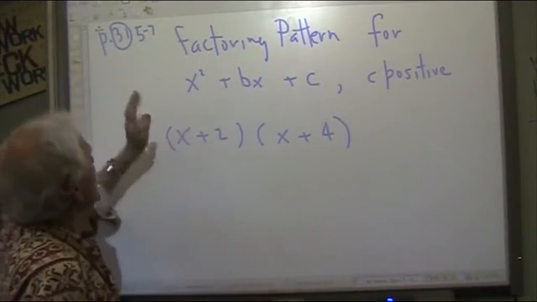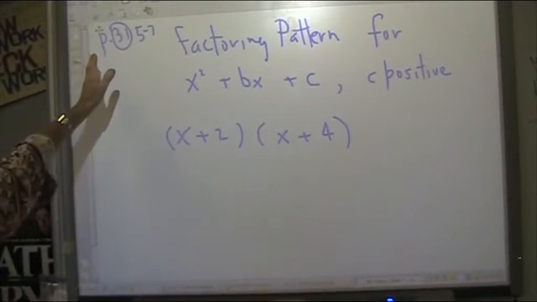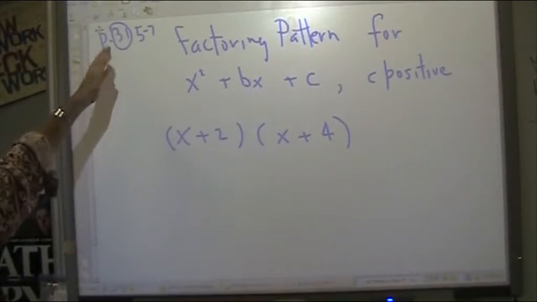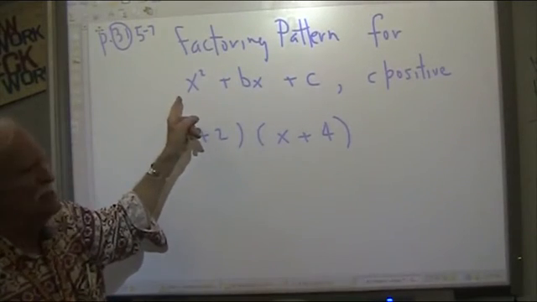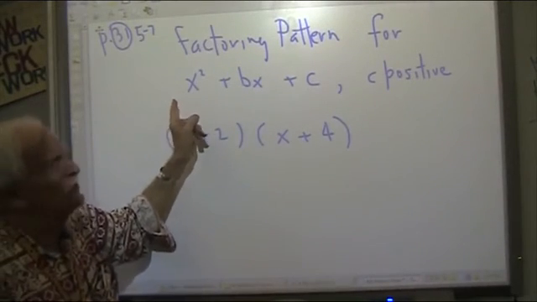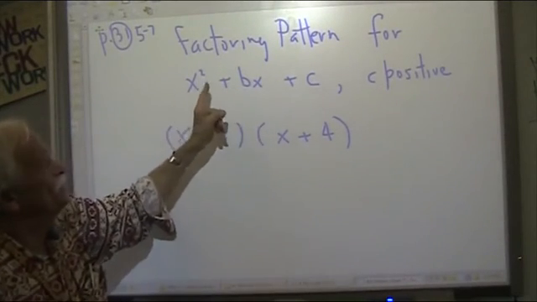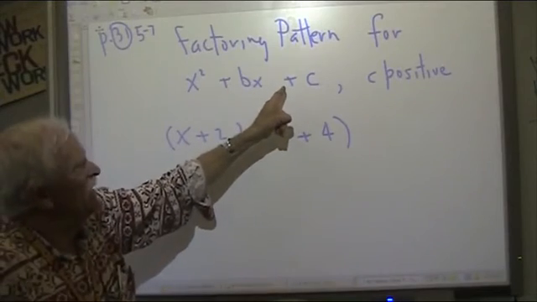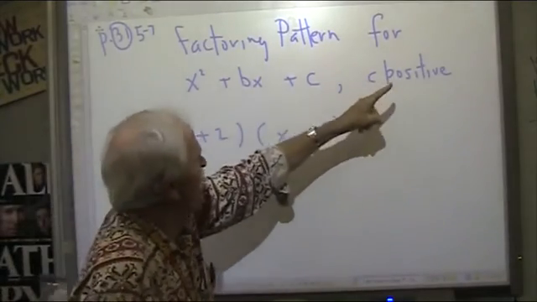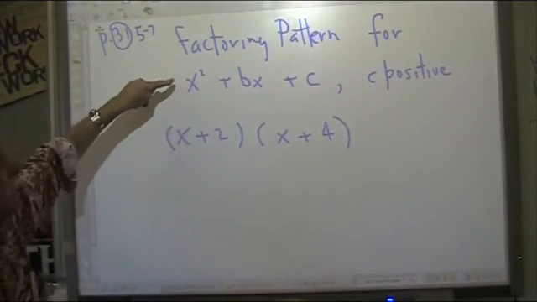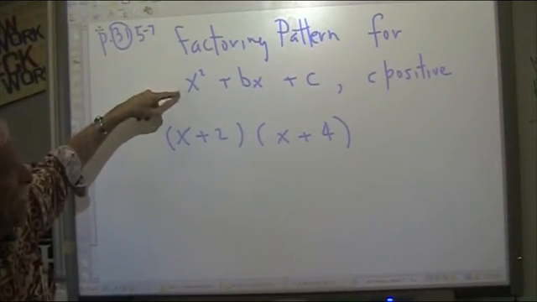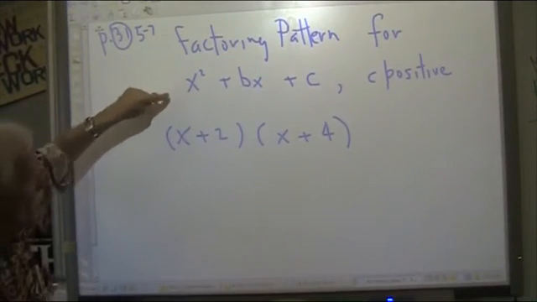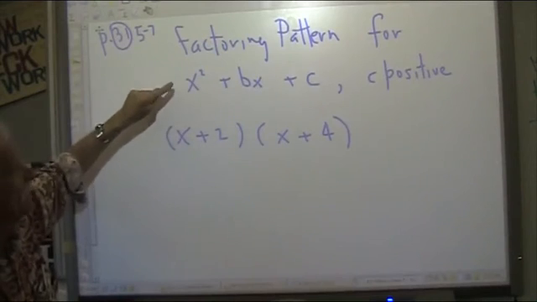So we are now in 5-7, and we are going to learn how to factor when we have a factoring pattern that is a quadratic trinomial of the form x squared plus bx plus c, where c is positive, and the coefficient on the x squared term is 1. In the general form, it would have a coefficient of a there, and we'll get into that one a little later.